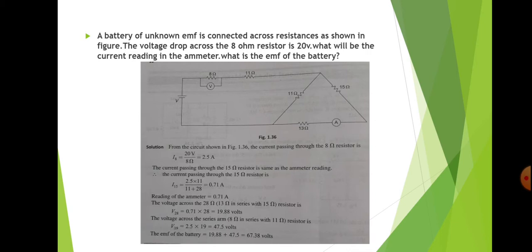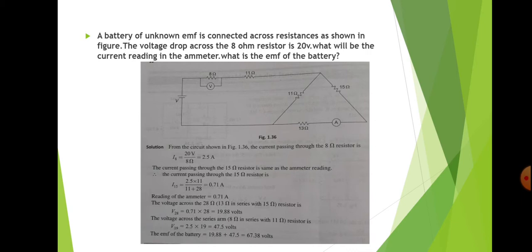Before that, if you get the current in the branch with 8 ohm in series with 11 ohm, then you can easily solve for the current through the ammeter by using the current divider rule. Okay, you got the idea? You are asked to find out the current through the ammeter.